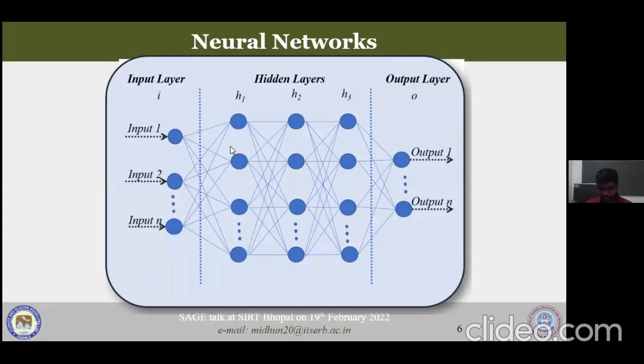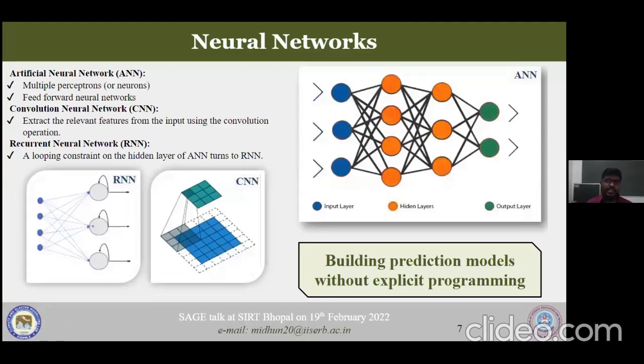Let me explain how this works. Neural networks can be classified into three types: ANN, convolutional neural network, and recurrent neural network. It is a very broad classification.